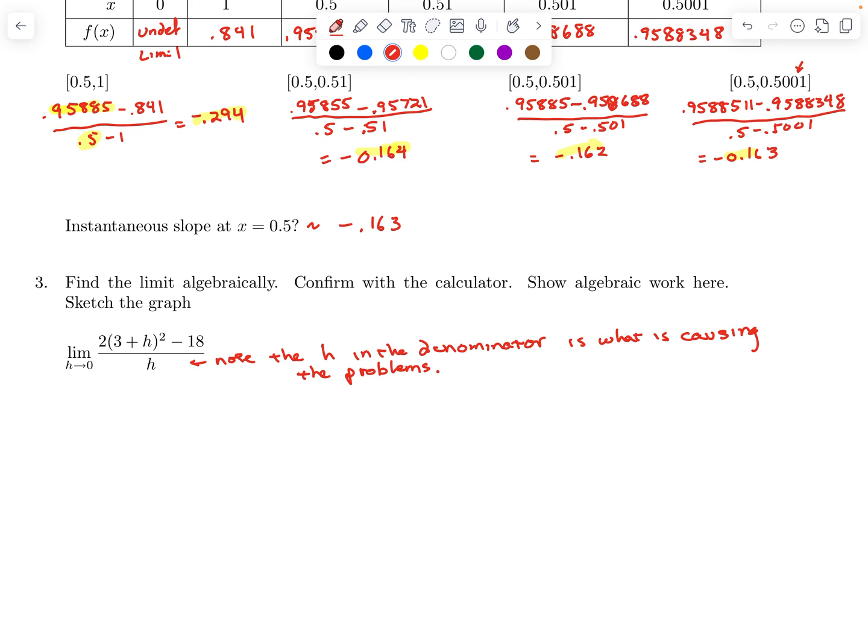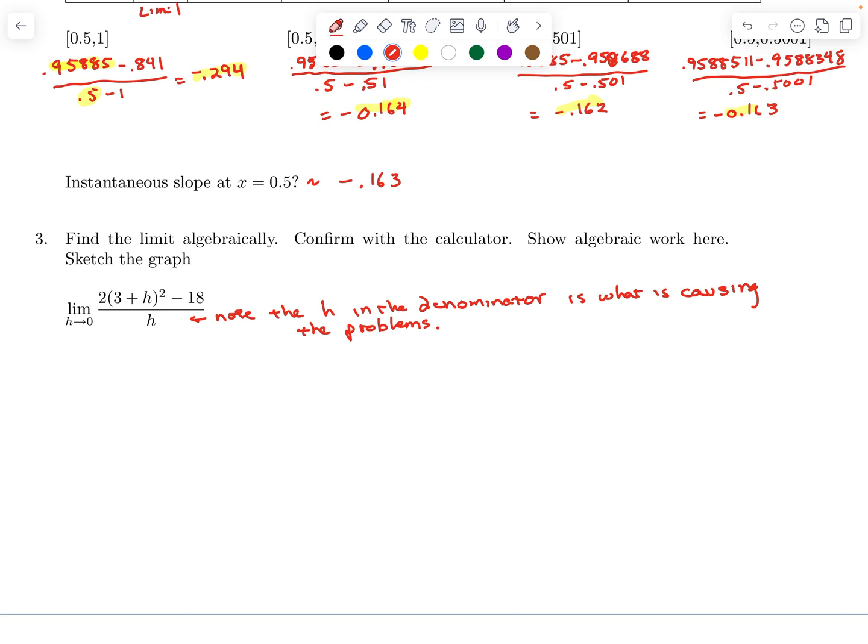It's that single h that I want to cancel. So let's see what we get when we multiply out.